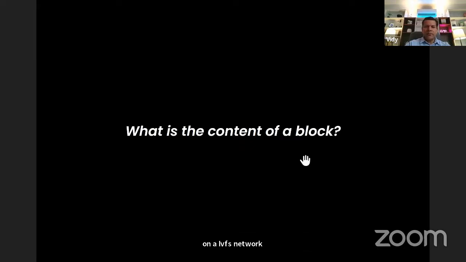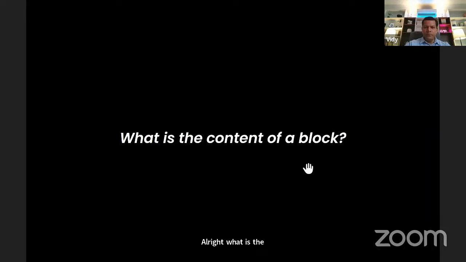All right. What is the content of a block? Data transactions. Okay. Each block contains a cryptographic hash of the previous block, a timestamp, and transaction data.